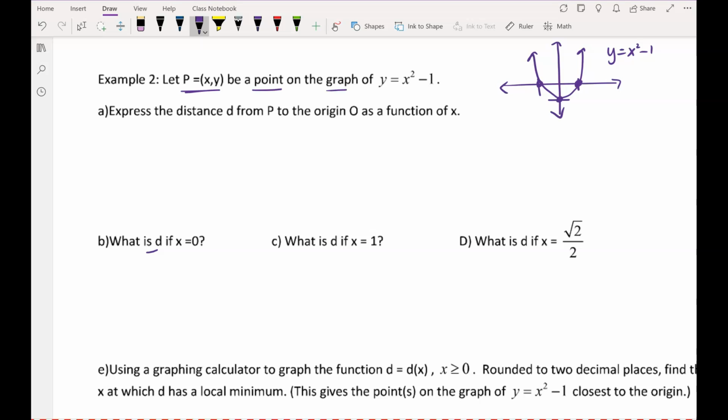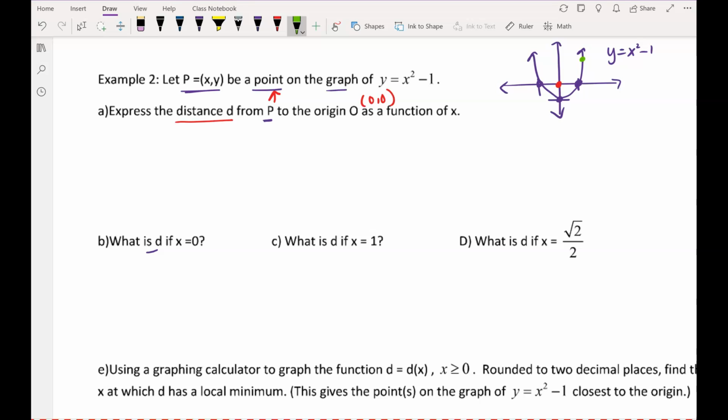Part A: express the distance d from P to the origin. Well, the origin is right here in the center, which has the ordered pair (0, 0). Remember, they defined P earlier. P is your point, and now it's giving you another variable called distance, which is d. Where is P?